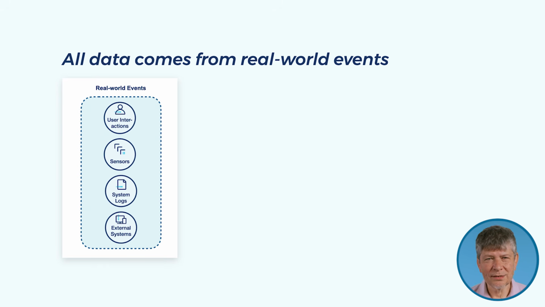But why does this event-driven approach work so well? It's all rooted in the fundamental nature of data. Every customer click, every purchase, every interaction is happening right now as we speak. Users click buttons, sensors take readings, and systems generate logs, all based on events that occur in real time.